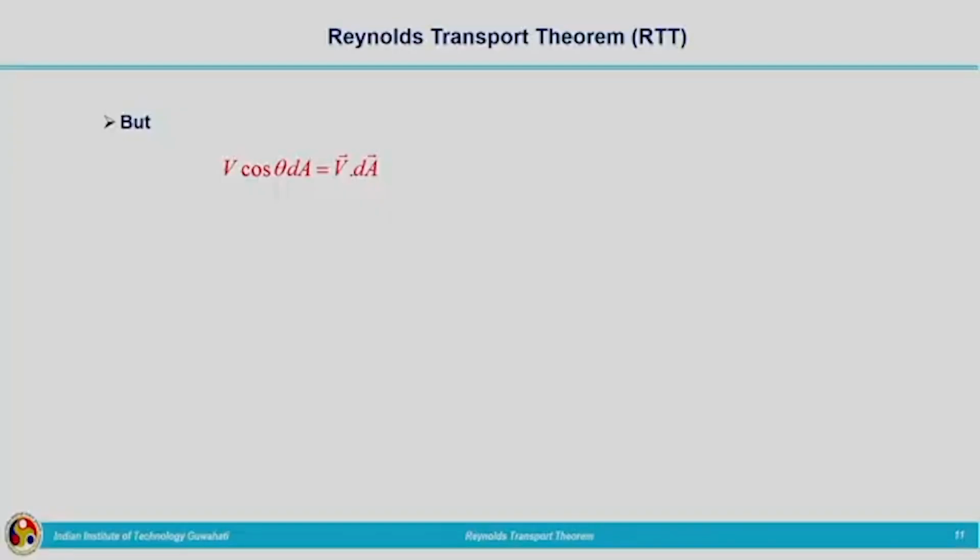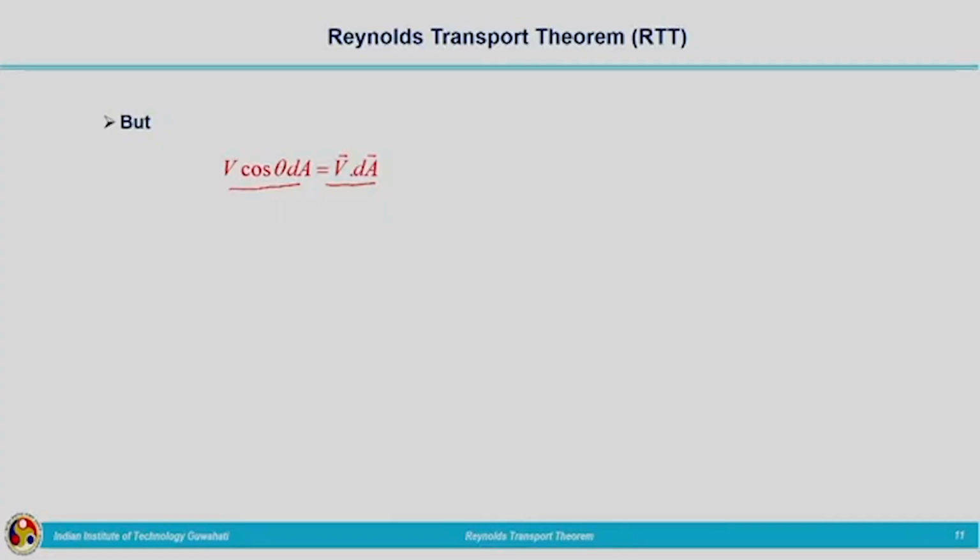Now, we can modify that particular expression again. V cos theta dA can be written as the dot product of these two vectors. We know area is a vector, velocity is a vector, and cos theta is there. So, V cos theta dA can be written as V dot dA.